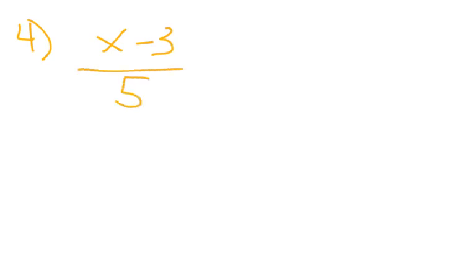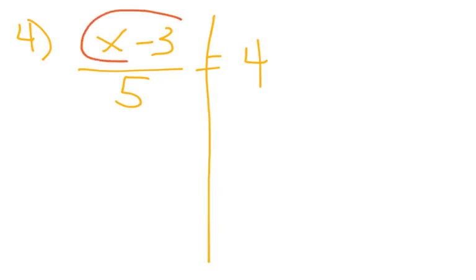over 5 equals 4. So in this problem, I'm going to put the line down the middle, and then locate my x is part of the numerator. So what I need to do to isolate it is to get rid of the denominator, and the opposite of division is multiplication.